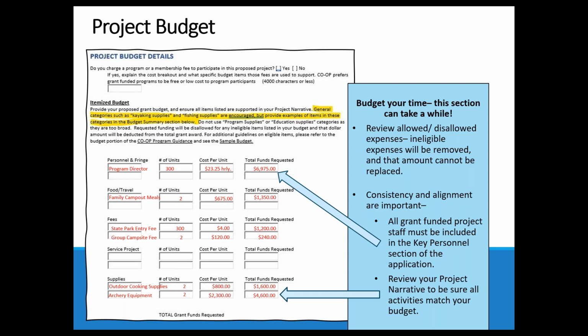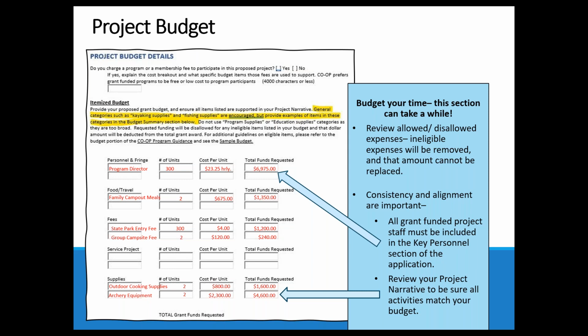Same with things like fishing or archery. You don't need to list out every single line item with bobbers and line and reels. You can just keep it general and list things like fishing equipment or archery equipment, and then that total amount. There is a section at the bottom of the budget where you can provide a deeper explanation if you think that's needed. But we do encourage you to keep some of that more general, if you will.